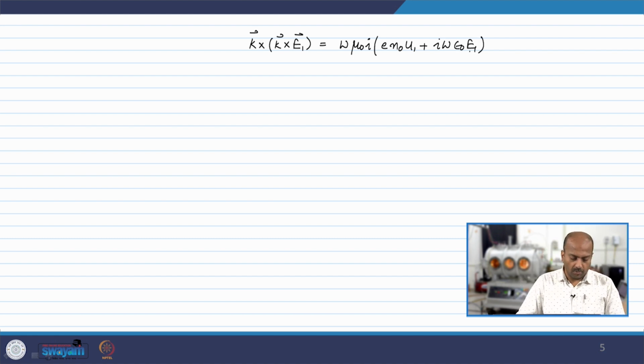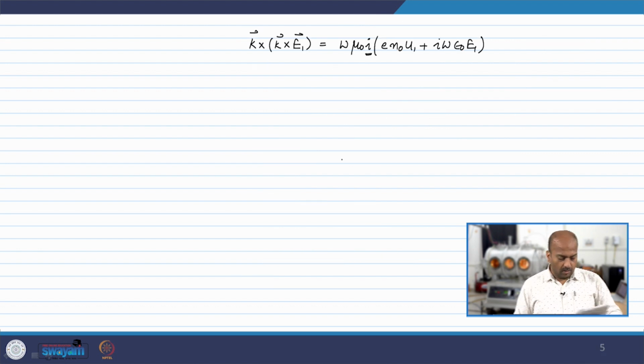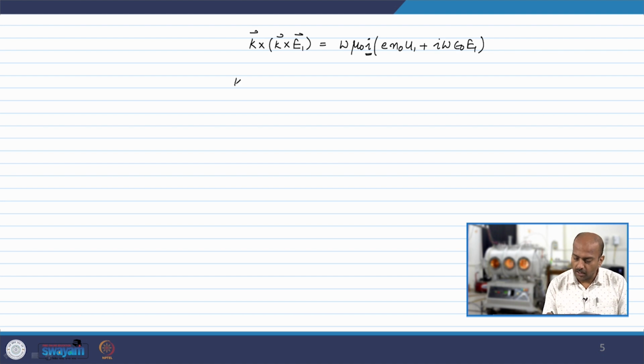Right. So, k cross B is this. So, we have mu naught which is multiplying the right hand side as it is. We have i which goes inside and we have i appearing here. So, you take i to this side. Right. So, now we can rewrite this equation taking the terms outside.